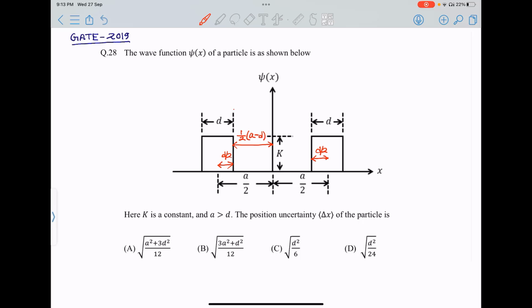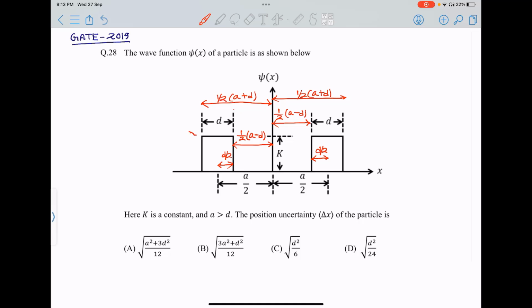Similarly this part also. I think it will be easier to write it in this side. So this side the distance will be half of a minus d, and the total distance should be half of a plus d. So similarly here also, the total distance should be half of a plus d.